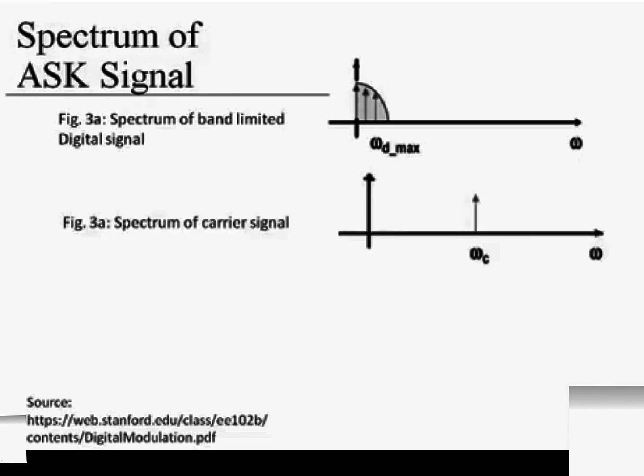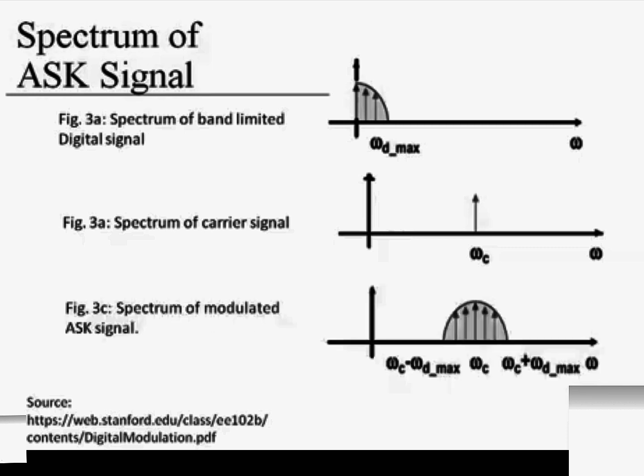The second figure shows the spectrum of the carrier signal with an angular frequency omega c. The third figure shows the spectrum of the ASK modulated signal extending from omega c minus omega d max to omega c plus omega d max, which is centered around the carrier. Thus, the ASK signal has a maximum bandwidth of twice omega d max.